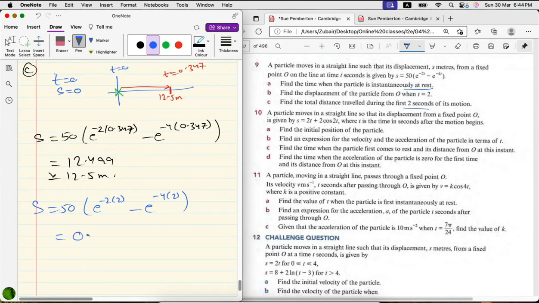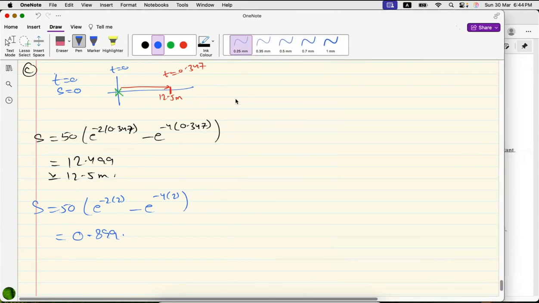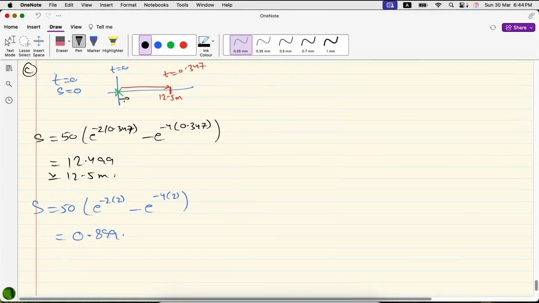And getting 0.899. So basically, this is 0.899. So the particle must have traveled all the way here. So the first distance it covered is 12.5.